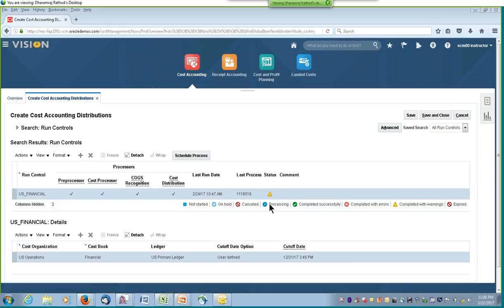So the cost processor will pick all of those attributes and stamp those attributes on your cost transaction or the cost accounting. So whenever you go review the cost, you will be able to review the cost by cost organization, cost book, and the valuation unit. And in this case, valuation unit would be your sub inventory.